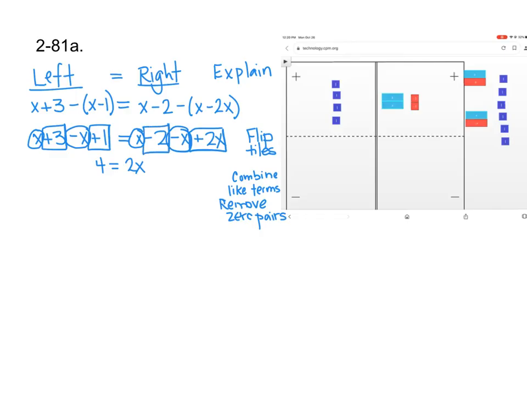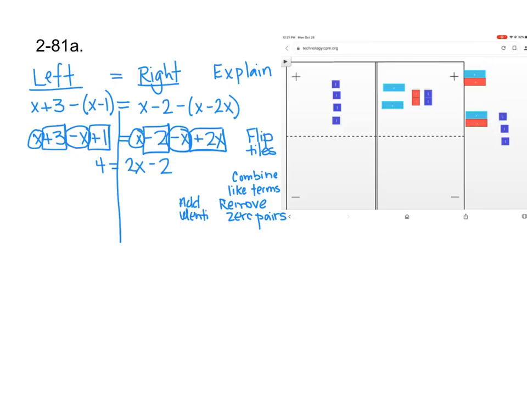Now my end goal is to get an x tile by itself so I know what it equals. I need to eliminate these negative 1 unit tiles, but I don't have any more zero pairs. So the next step that I'm going to do is actually to add unit tiles to make zero pairs. So on the right-hand side, I added these 2 positive unit tiles.